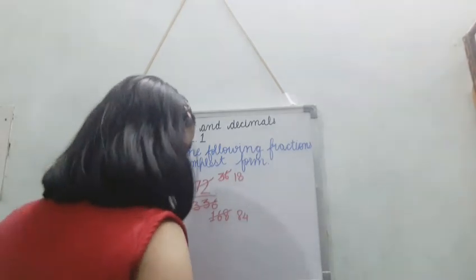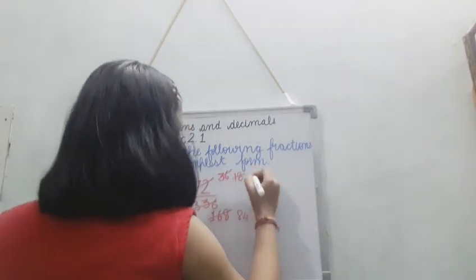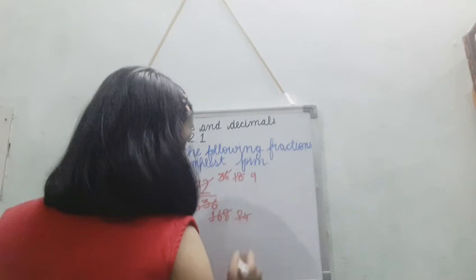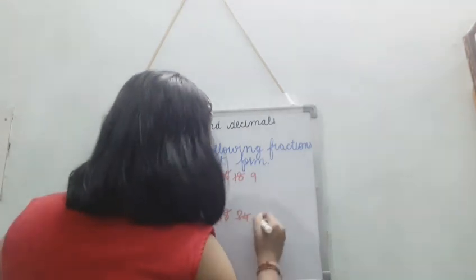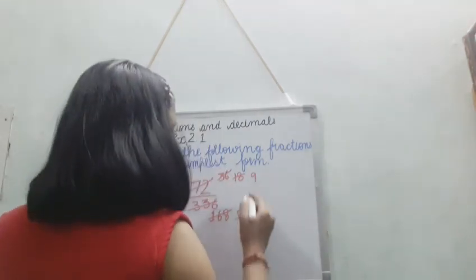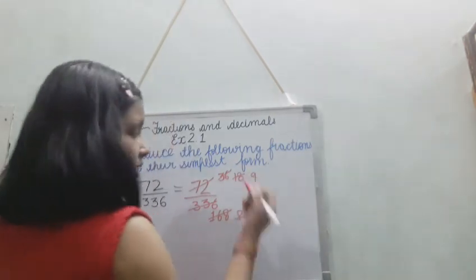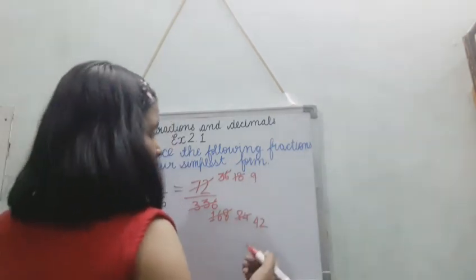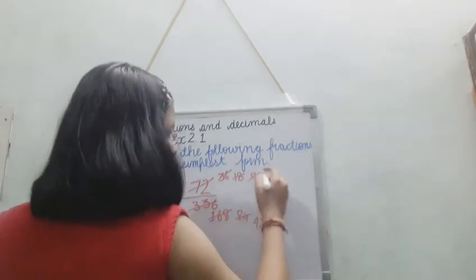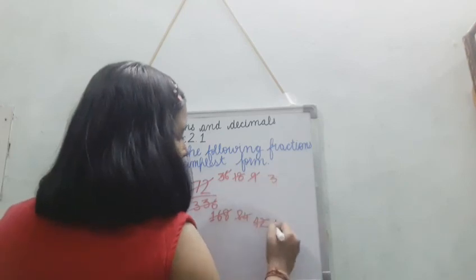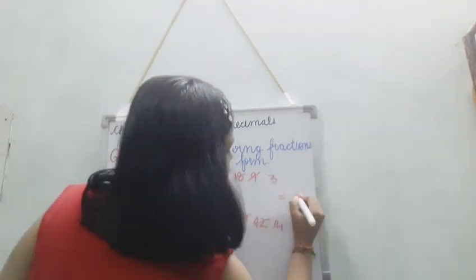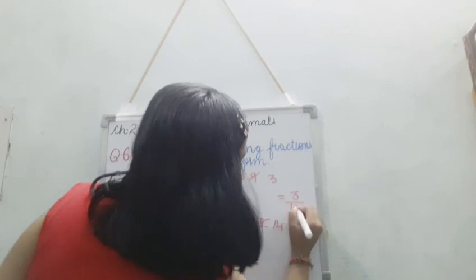And then when you cut 18 by 2, it's 9, and 84 is 42. Now you have to cut it by 3 because it can't be divided by 2. So it is 3 upon 14. The answer is 3 upon 14.